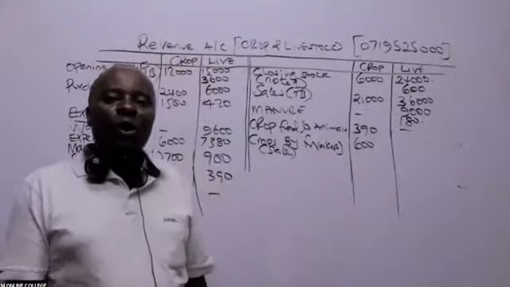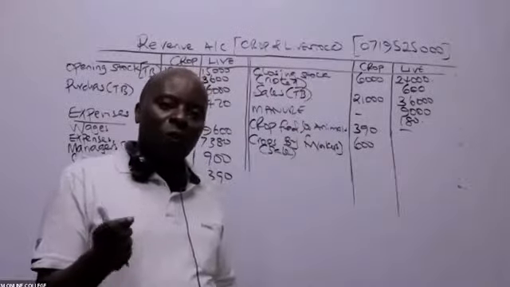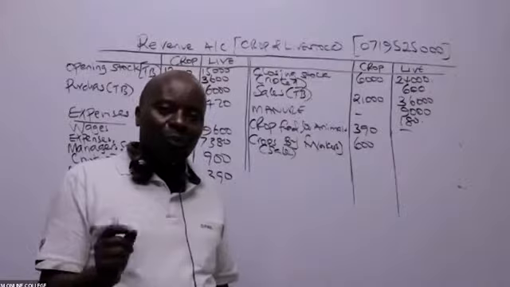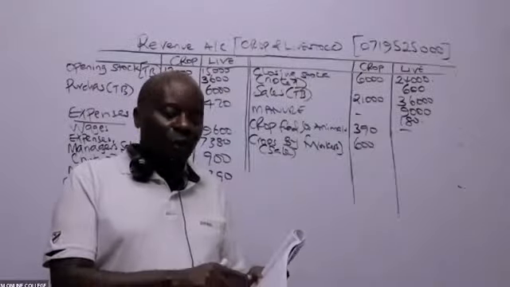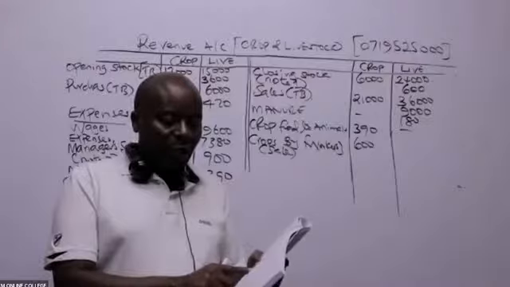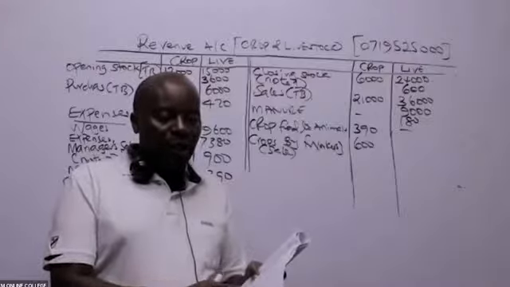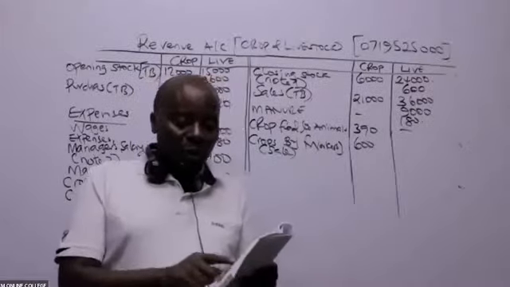It's only unfortunate that they haven't told us out of the 1,200 how much is for the livestock and how much is for the crop. So this is a general expenditure, and general expenses will always go to number 2 of the requirement, where they want us to give a general income statement. So this one will not touch us there.